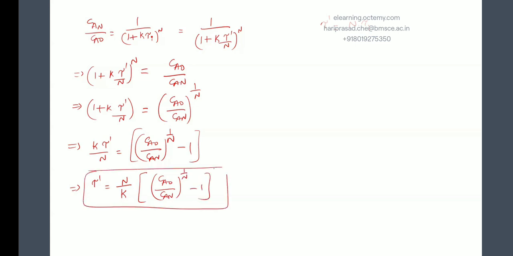This you should remember in terms of time constant. Previously we had that in terms of concentration for individual tau I, for individual time constant. Whereas this expression is for the overall time constant for the n number of reactors.